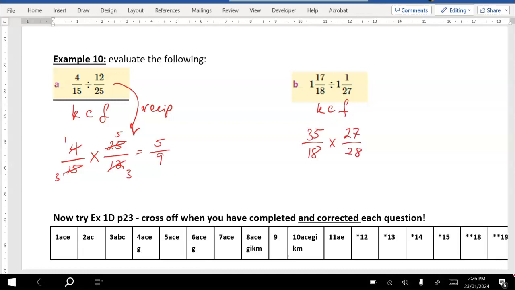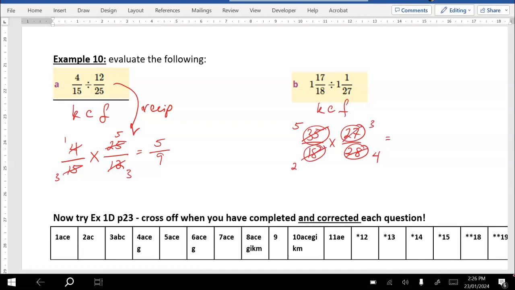Isn't that exciting? What can we do here? Well, we've got a common factor between this one and this one of 7. 7 into 35 leaves us 5. 7 into 28 leaves us 4. And look, these guys, it's 9, isn't it? So 18 divided by 9 gives us 2. 27 divided by 9 gives us 3.